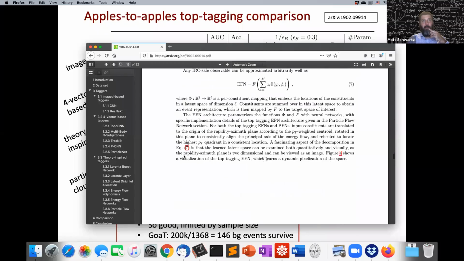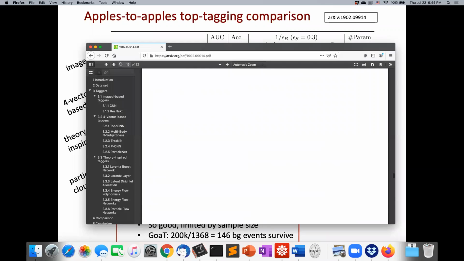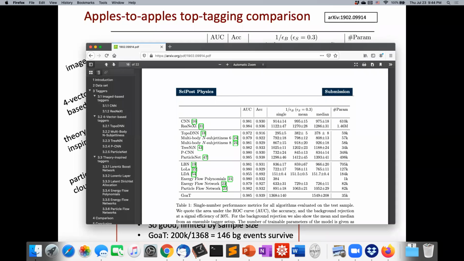My question will not be about the detail of the paper. Actually, my question is about the performance of the various top-tagging machine learning models. In your slide, for example, the particle cloud, the particle net, in the category of the particle cloud, tops the other models in performance.